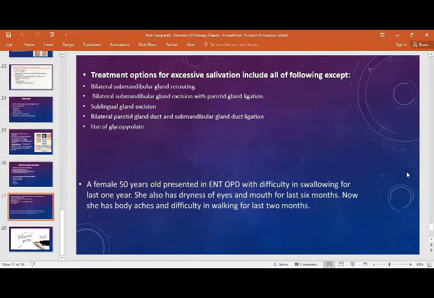Sublingual gland excision doesn't treat excessive salivation. Bilateral parotid gland duct and submandibular duct ligation definitely treats excessive salivation. And glycopyrrolate is one of the medicines also used in the treatment of excessive salivation. So the correct answer is sublingual gland excision.